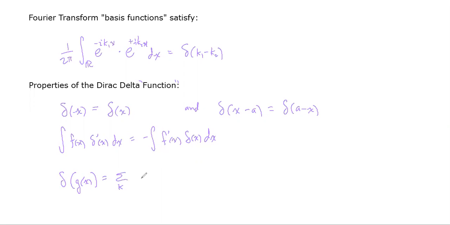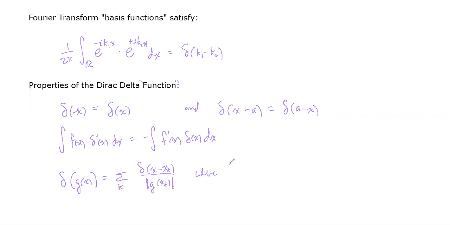And then finally, we have stuffing an entire function inside of the Dirac delta function. So this is also provable and it won't kill you to do so, but it's a little bit more work. The idea is that Dirac delta blows up at 0, right?